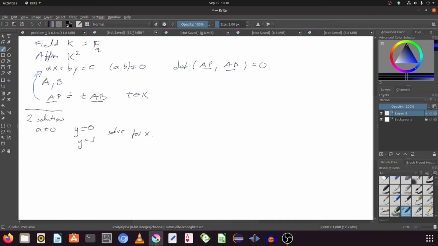Okay, so let's assume we have another point on this line. Well, let's call these points x1, y1.